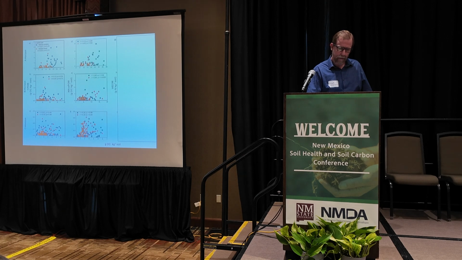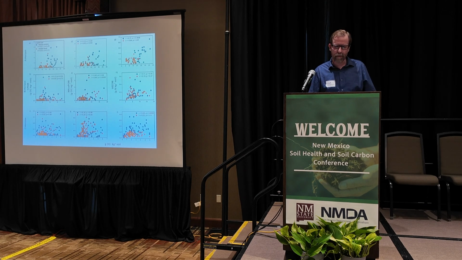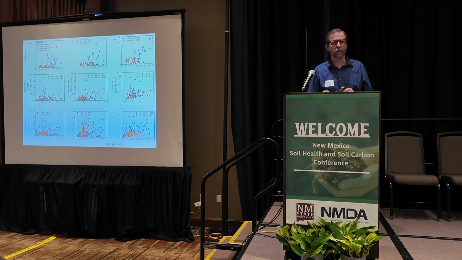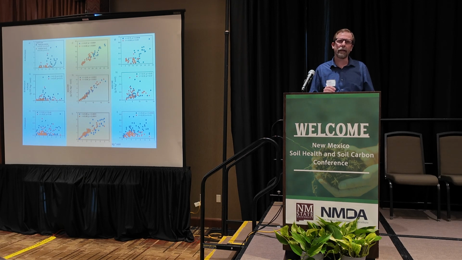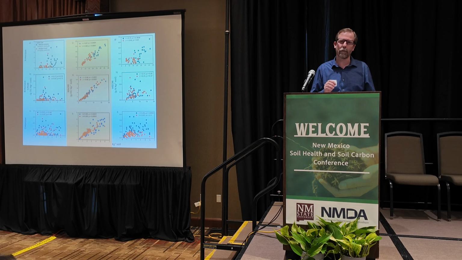What you see, the relationships here and there, you have a correlation between the fraction and the soil organic carbon, but keep in mind the fractions are below 10%. And if you look at the mineral associated organic matter, independent from land use and horizon, it is always strongly positively correlated with your soil organic carbon content.